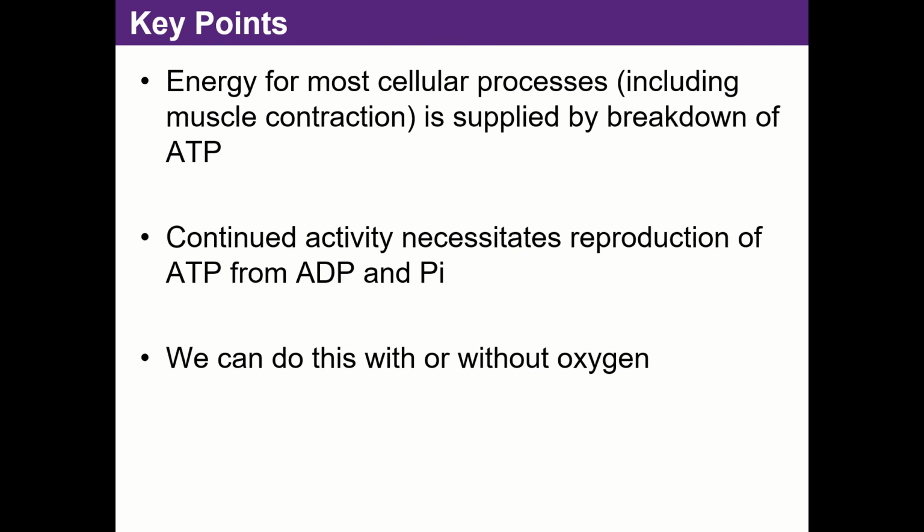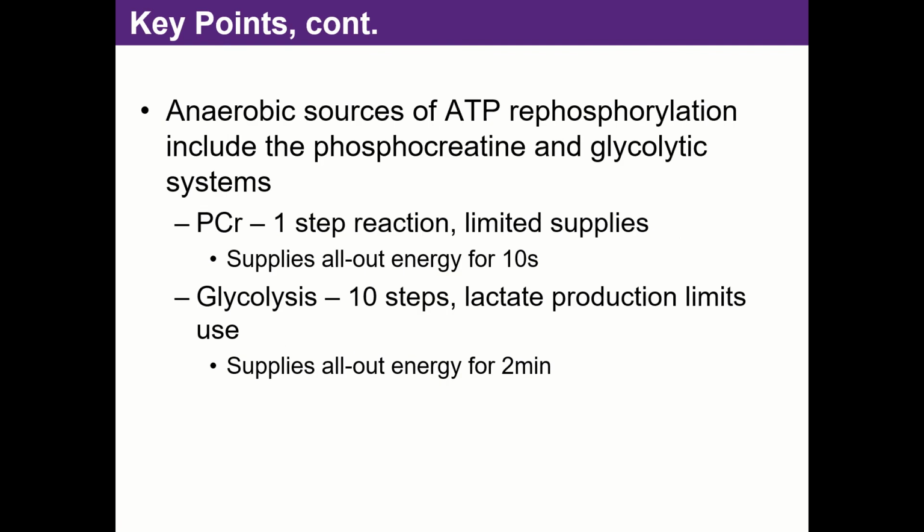So key points, and then we're done. For most cellular processes, including muscle contraction, the energy is supplied by breakdown of ATP. In order to continue activity like muscle contraction, we have to rephosphorylate ATP from adenosine diphosphate and free phosphate, so ADP and Pi, and we can do that with or without oxygen.